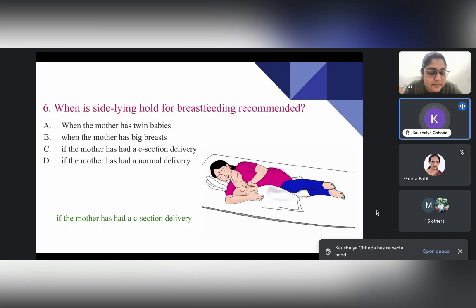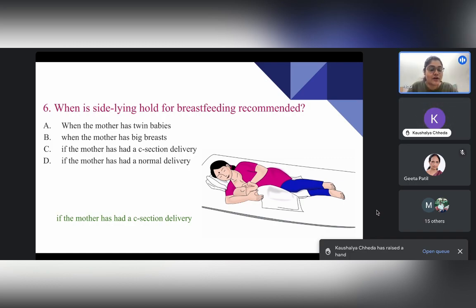We suggest from the stomach, lower side. But in C-section, we practice that from the shoulder side.